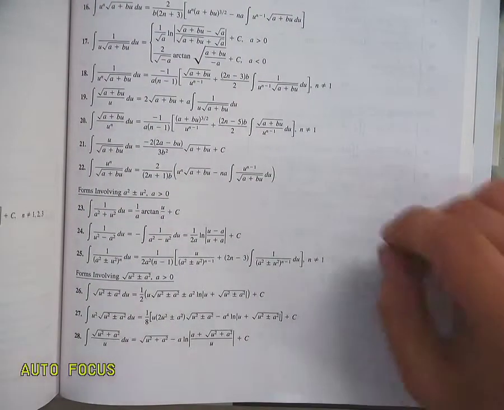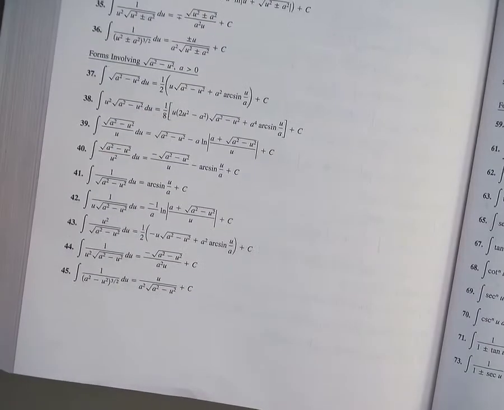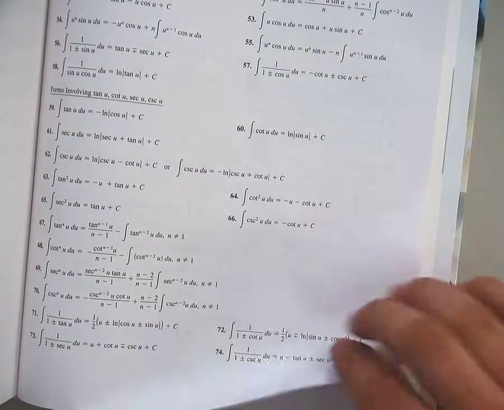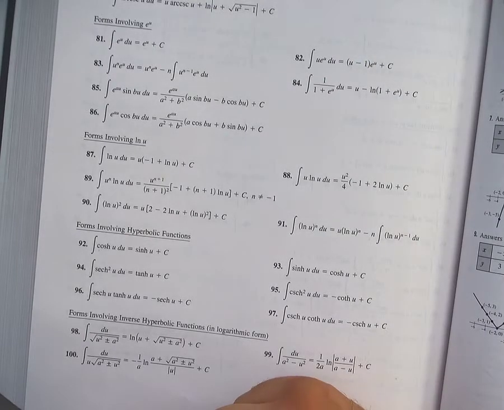These are all the different kinds of possibilities that you could come up with as a calculus question. 45. 74. 100. And there's actually more. There's so many. Now, are you going to remember every single one of these for the test?